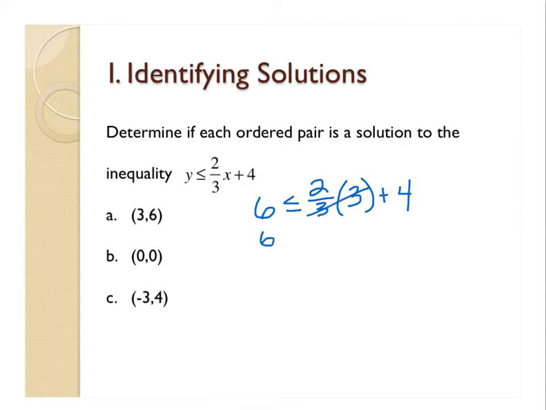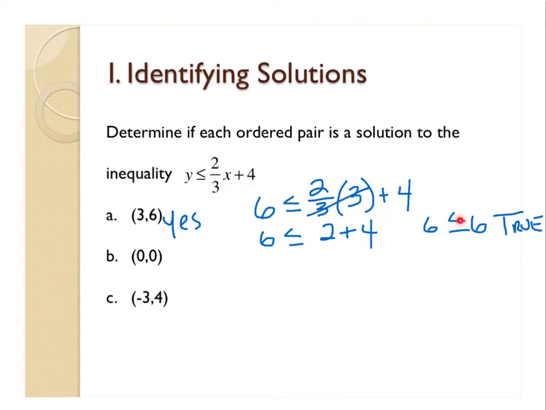We get 6 is less than or equal to 2 plus 4, or 6 is less than or equal to 6. Well, 6 is equal to 6, so that's true. So yes, that point is included in the solution set of that inequality. And in fact, we can tell here that it's on the line because 6 equals 6.